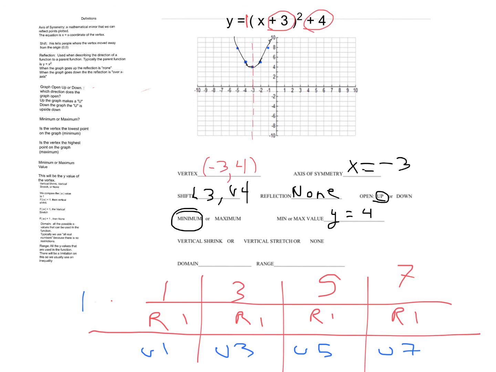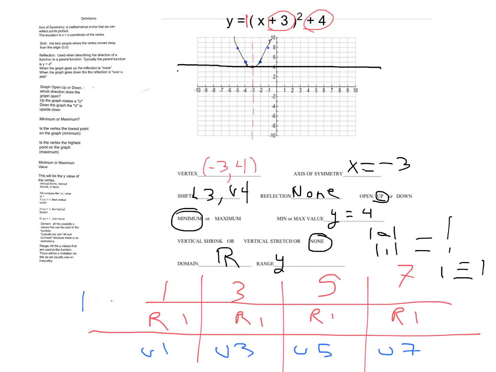Shrink, stretch, or none, again, we compare the A, so absolute value of A compared to 1. Absolute value of 1 compared to 1. And the absolute value of 1 is 1, so when I compare it, it is equal, therefore it is none. Okay, domain. There's no restrictions, so R, all real numbers. The range, now again, my y's, notice, on my graph, do not fall below 4. So y has to be greater than or equal to 4.